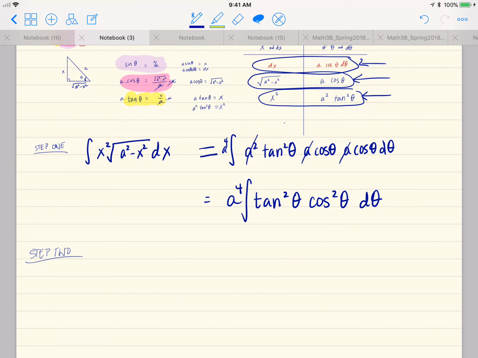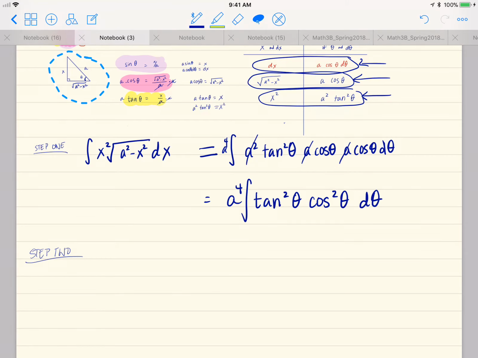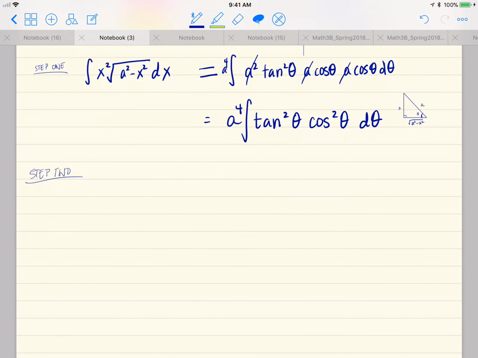Also, let me make it very clear that for step one, this little triangle is imperative because this tells us what theta is, right?